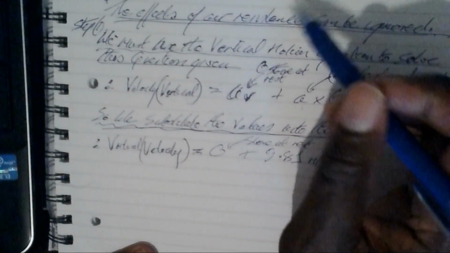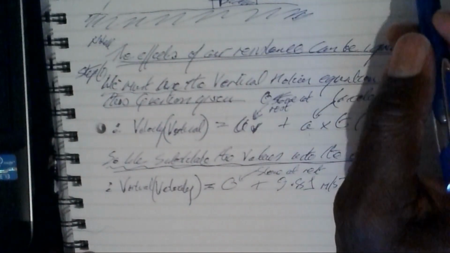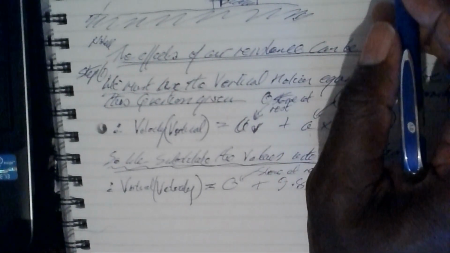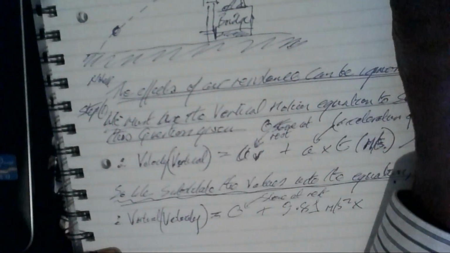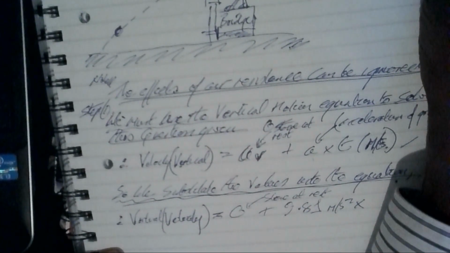The time is given as 0.8. Sorry, I didn't even put that. The stone reaches the water about 0.8 seconds after the stone is released. I didn't put that, guys, so sorry.